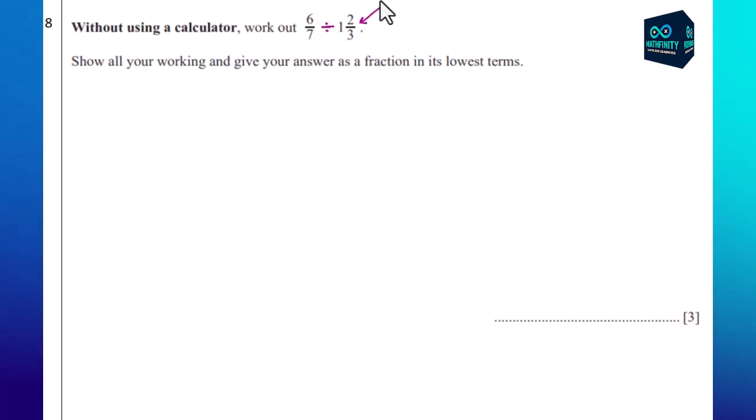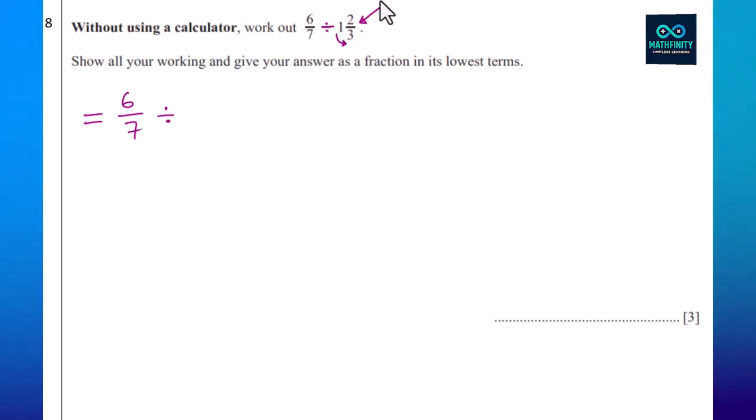What is the mixed number here? First fraction we will keep as it is, 6 over 7 divided by, the mixed number, 1 whole 2 over 3. So first we will multiply 1 times 3, 3 plus 2, 5, 5 over 3.